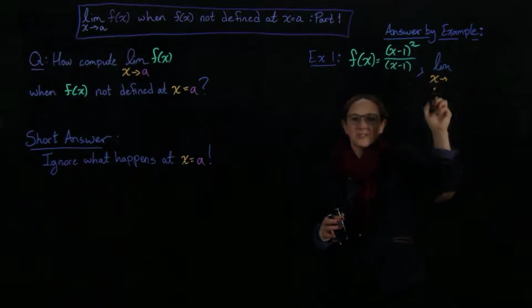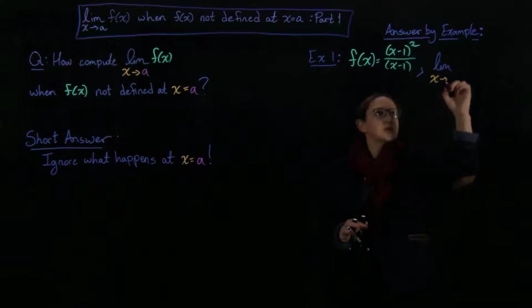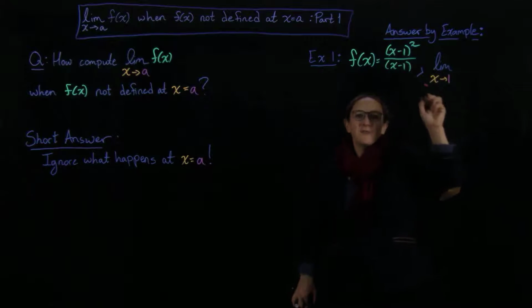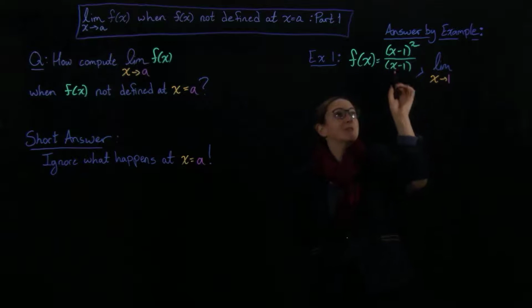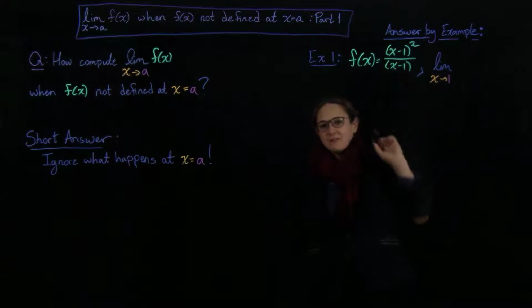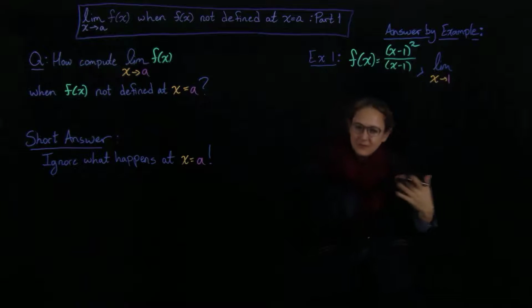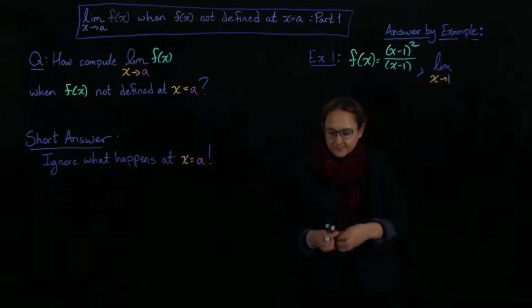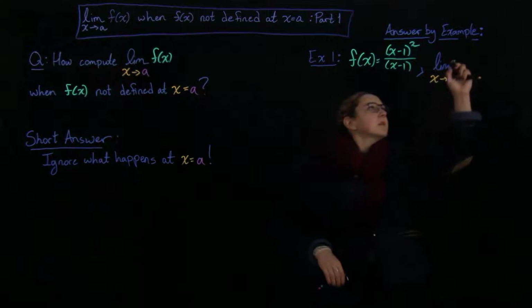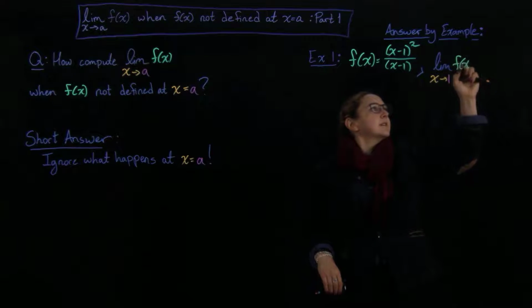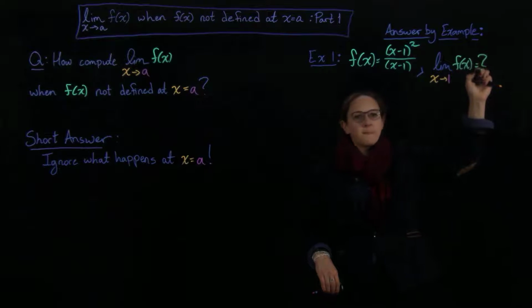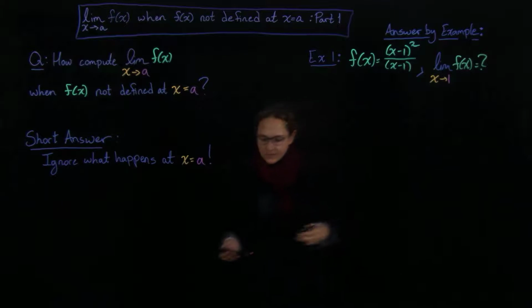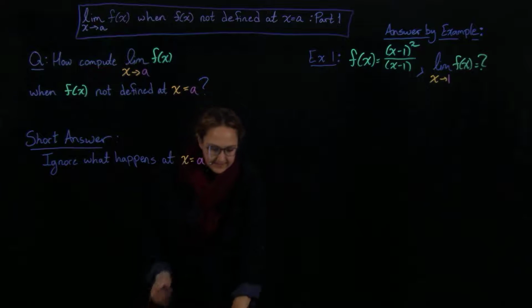Why are we interested in x approaches 1? Why is that a little bit trickier? For any other value, you can just stick it in. But at x equals 1, we have 0 on the bottom, so we're undefined. It doesn't make sense to plug it into the function. So what does this equal?